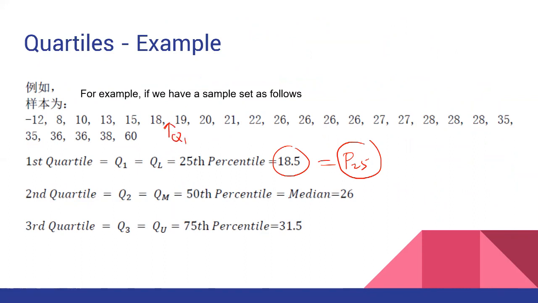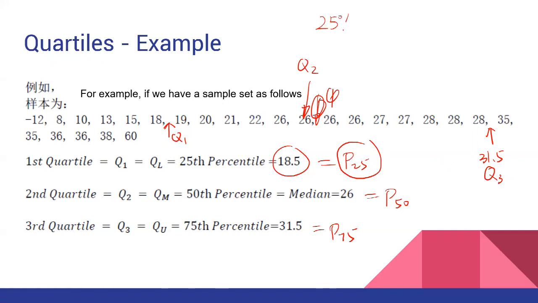Second quartile is P50, which we have already calculated, around here, right? This is Q2. Okay, third quartile is Q3, which is P75, which is around here. This is Q3. And these three numbers divide this sample into 4 parts, and each part consists of 25% of all the data. Understand? Okay. Any questions?